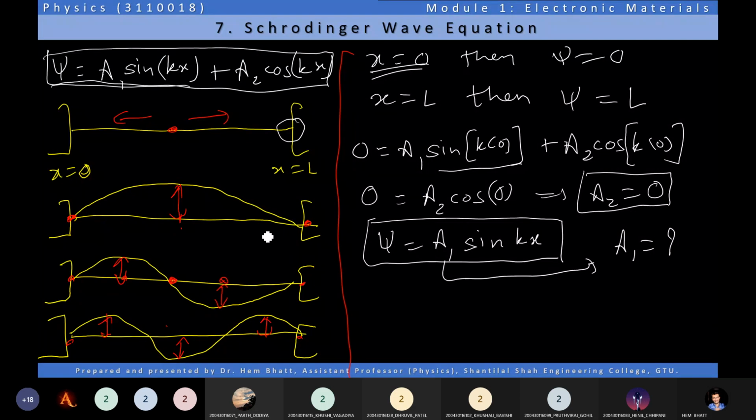So when x is equal to L, again psi has to be 0. કારણ કે એ બાઉન્ડ્રી કન્ડિશન કહેવાય, બરાબર? બાઉન્ડ્રી ઉપર એની વેલ્યુ 0 હોય એ આપણને ખ્યાલ હોય. So 0 is equal to A1 sin k into L. Okay, so this is something which I get, but I don't know how to arrive at A1.